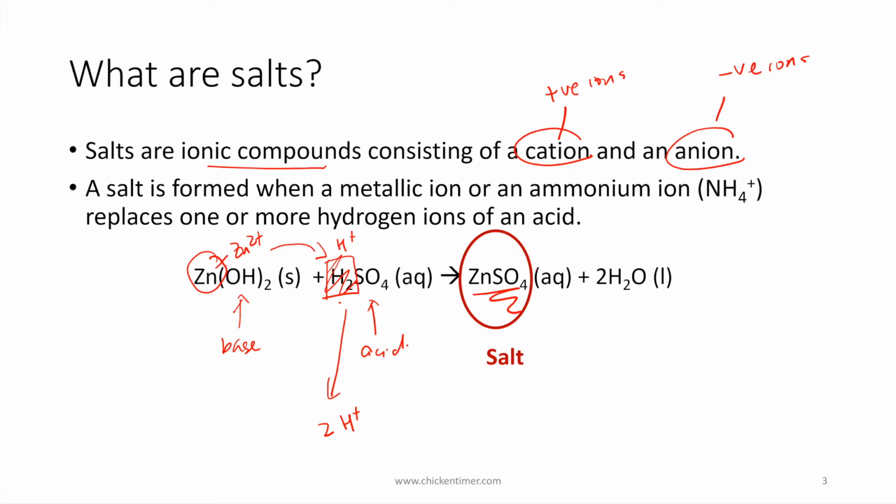The hydrogen will then recombine with other ions to form water. So the metal ion goes in, replaces the hydrogen, and you get a salt. In this case, zinc replaces two hydrogen ions in the acid.